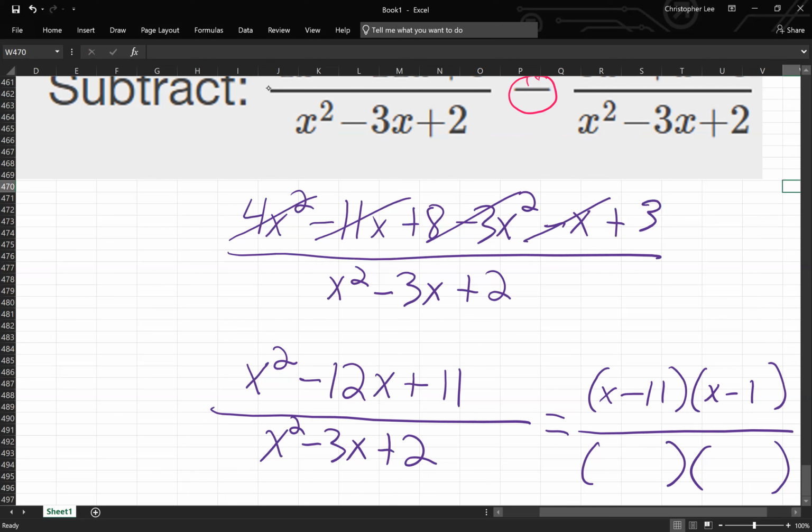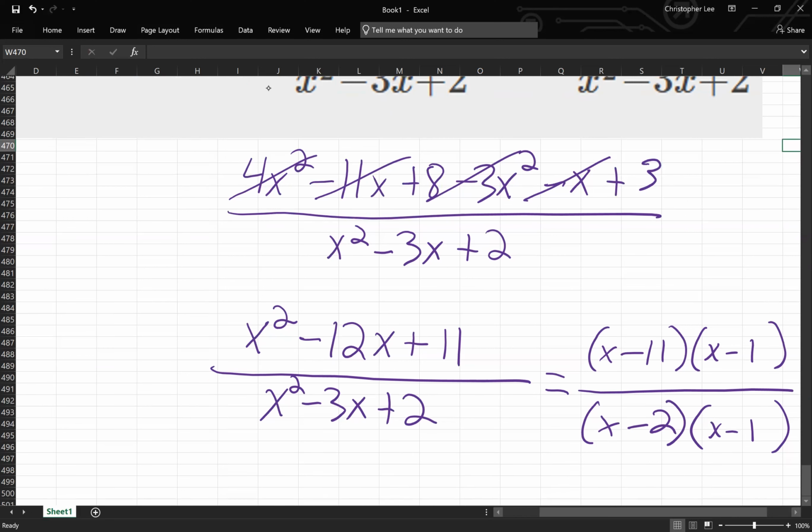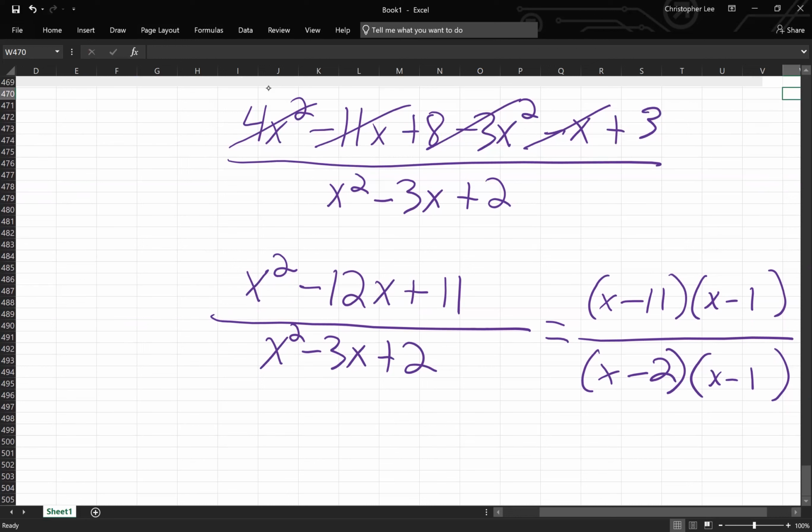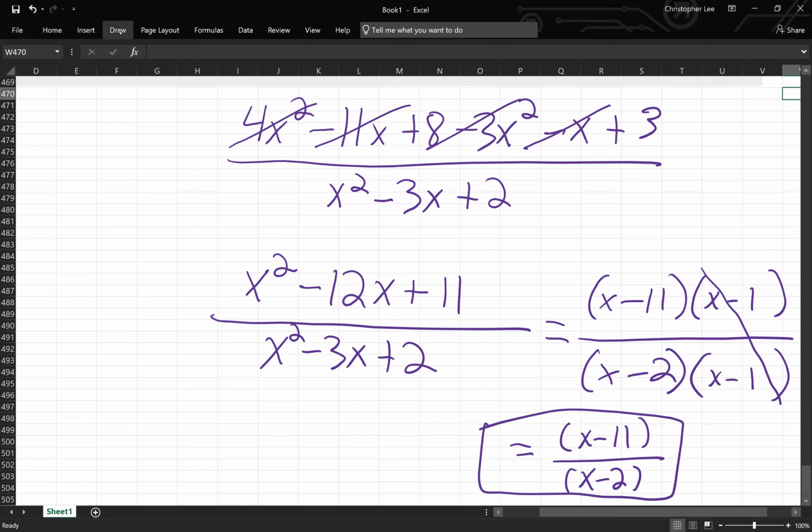What are they? x minus 2, x minus 1. Great. Then cross out our like terms. So now we have x minus 11 over x minus 2. That's my answer right there. Bam.